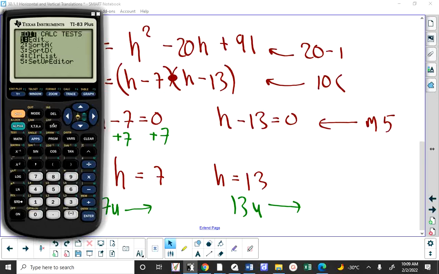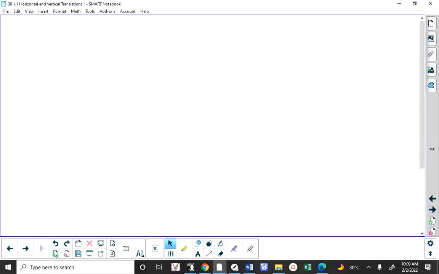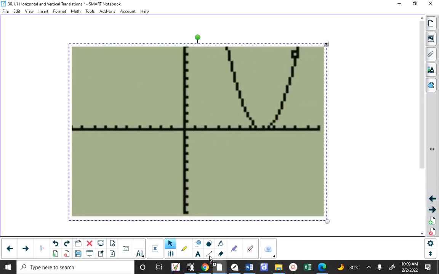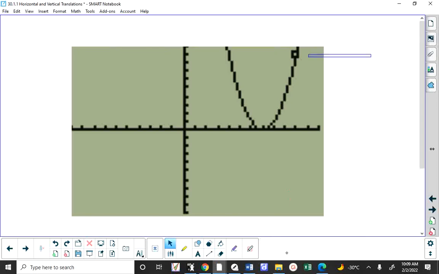I got some other data in here somewhere. Oh, there we go. So there's the point, and the graph passes through it. Just in case you can't see that point, it's right there. It's that box.